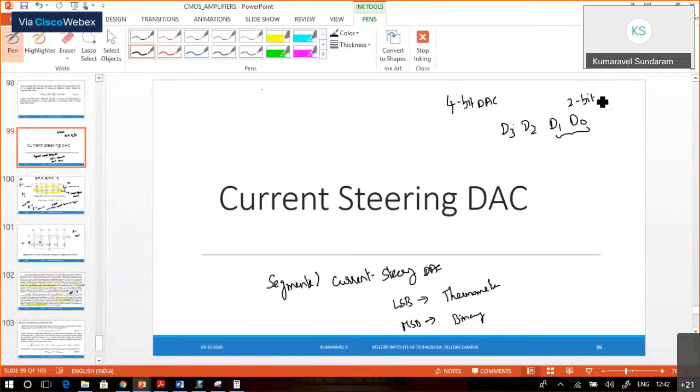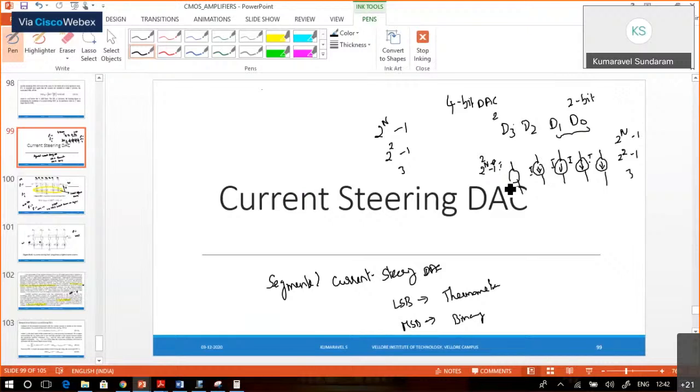So 2 bits means 2 power n minus 1, 2 power 2 minus 1, which is 3 unary current sources: I, 2I and 3I.